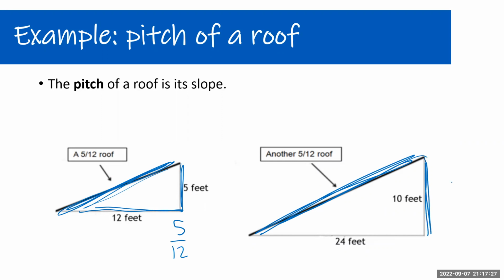Here, our slope is 10/24, which if we're wanting to put it in 12ths, we can simplify this to 5/12. These roofs are not the same size, right? But they are the same slope. And we'll get into that with similar triangles in Unit 4. But just know that slope does not determine size necessarily. It's just talking about that angle.